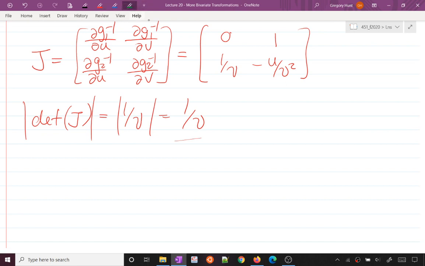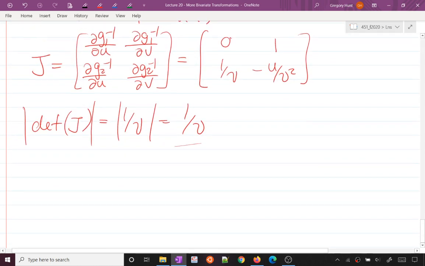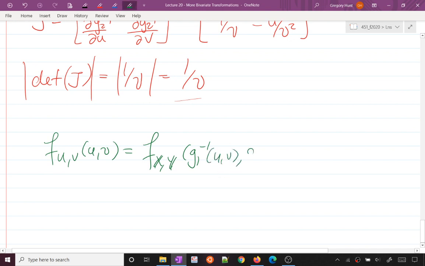Once we get that, what we need to do is plug in. If I want the joint PDF of u and v, I take the joint PDF of x and y, I plug in g1 inverse of uv, g2 inverse of uv, and then I multiply by the absolute value of the determinant of the Jacobian.